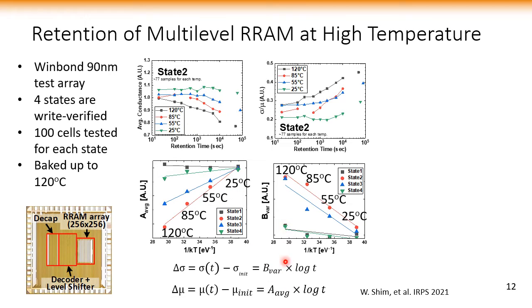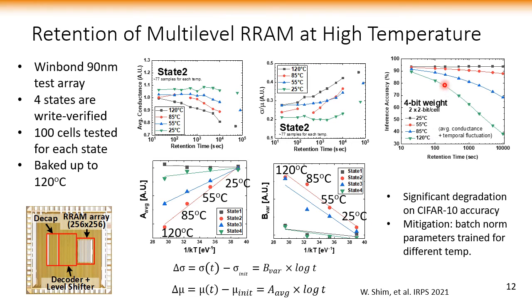And then we can incorporate this model into the neural network simulations to estimate the accuracy degradation over time. We do see that at higher temperature, the accuracy may degrade faster. In this case, the CIFAR10 accuracy quickly drops after like 10 to the power 4 seconds.